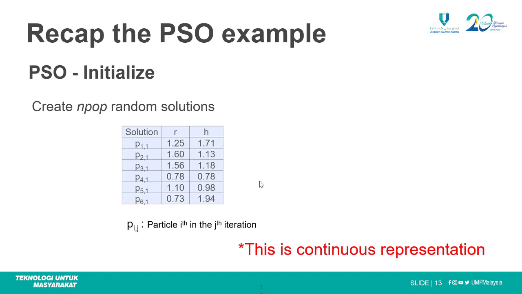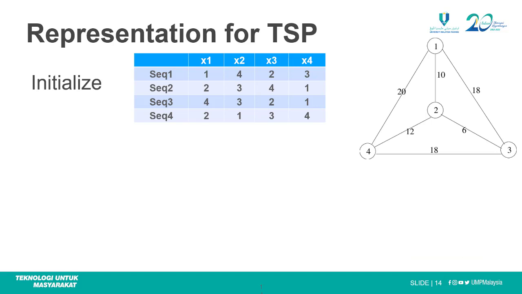If we recap the PSO example, in the initialize stage, when we create a random solution, the values of variable 1 and variable 2 are all continuous representations.